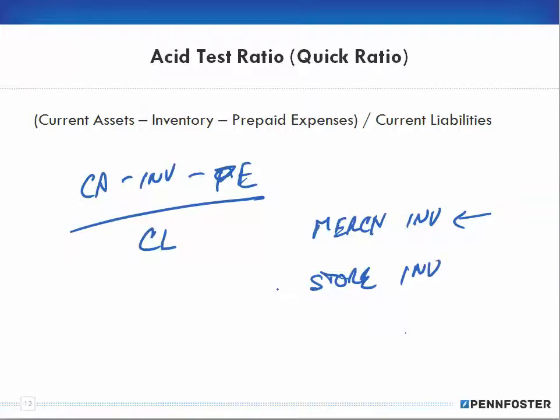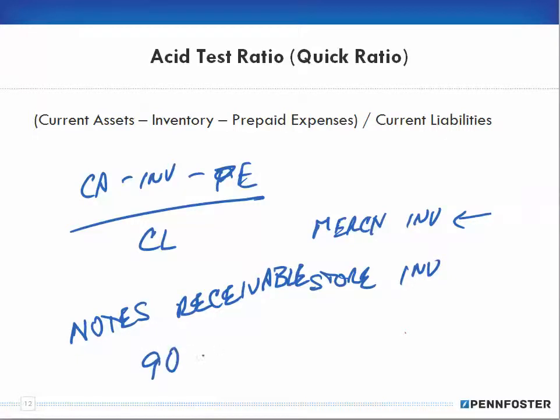What if you had a notes receivable, for example, all right? And notice I'm making these things up, I'm thinking about this. You can have a notes receivable, right? Well, what if that notes receivable was a 90-day note?